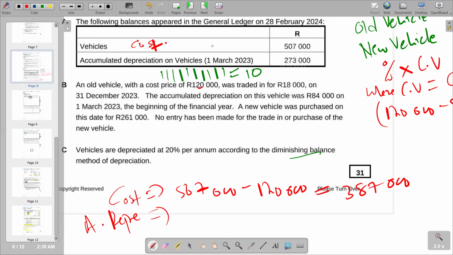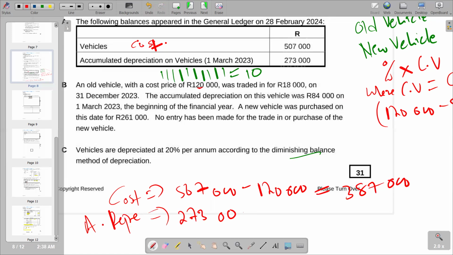We're going to say accumulated depreciation that we had in the beginning, 273,000.